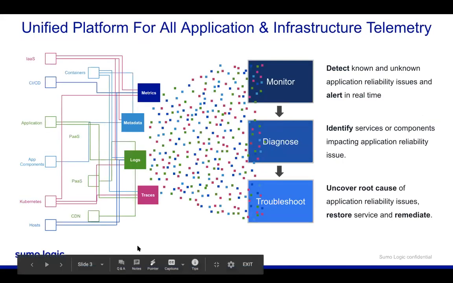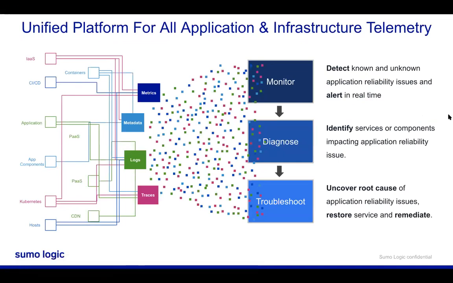If you aren't familiar with what Sumo Logic's platform can do, we collect information from all of your different services and applications in the cloud or on-premise, and then we monitor all of those logs, metrics, and traces, as well as other metadata that comes from APIs from your different cloud providers or on-premise servers.